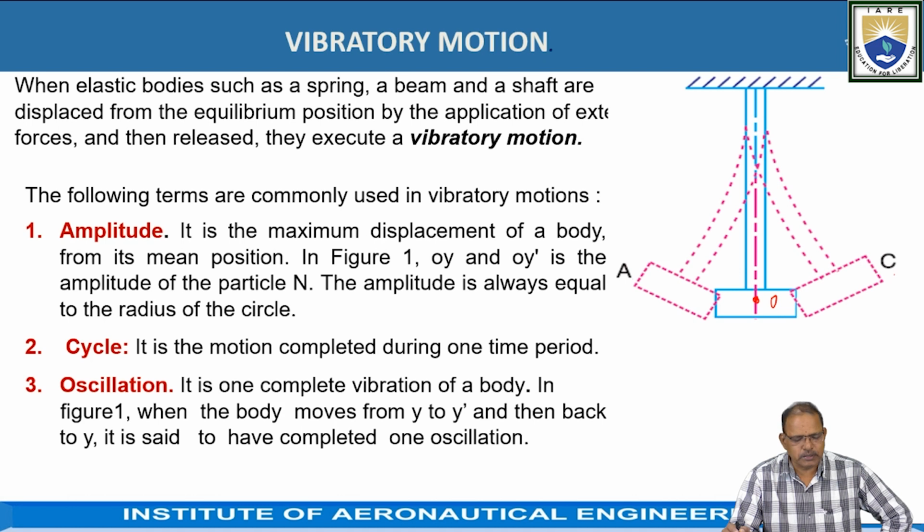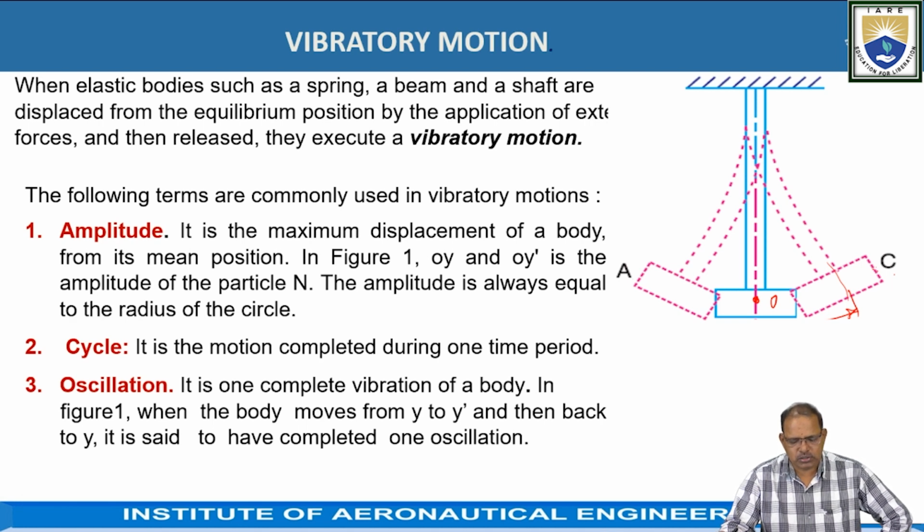The maximum displacement of the body from its mean position, that is from O to C, is treated as the amplitude of the body. Here in this case, OY and OY dash is the amplitude of the particle, and the amplitude is always equal to the radius of the circle according to the previous notations.